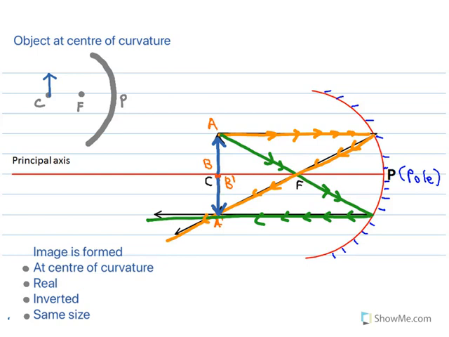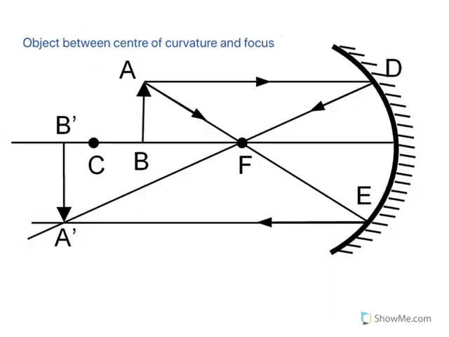And then you draw two rays, one ray that is parallel and another ray that passes through the focus. And you know how these rays behave. The parallel will go to the focus and the one which is through the focus will go parallel. And then they almost will meet at this point. If your diagram is correct and you do it as per measurements, you will get a diagram something like this.